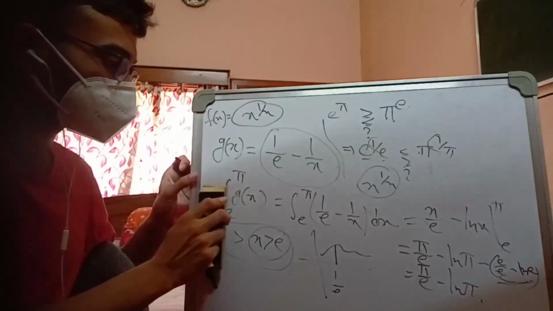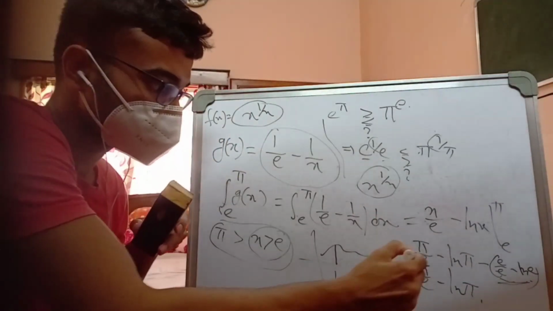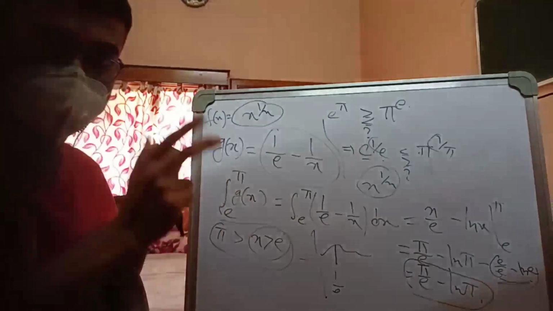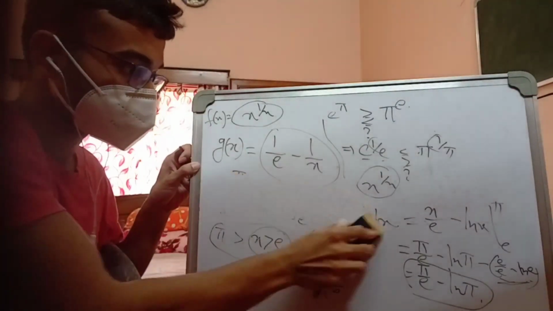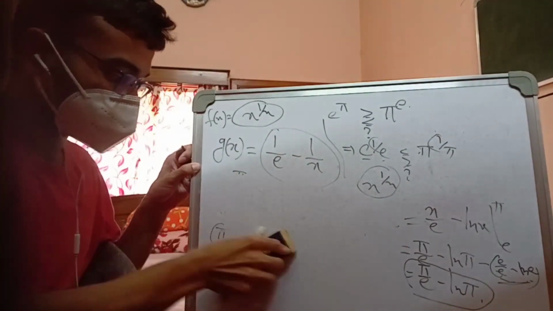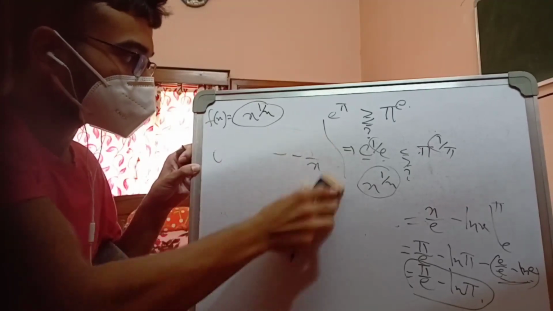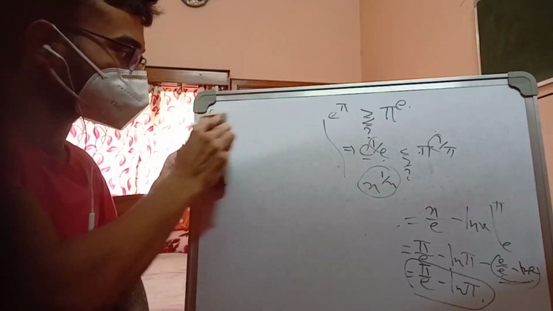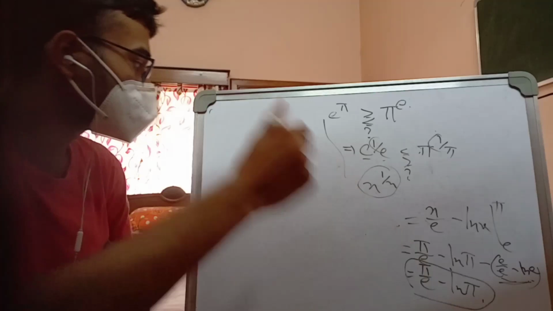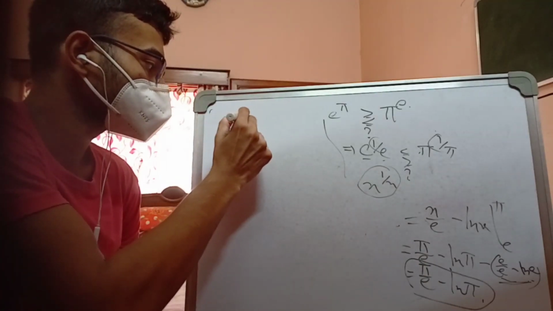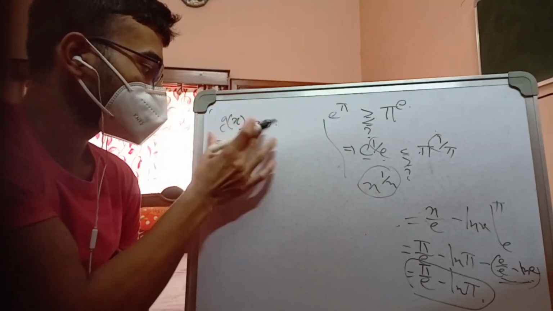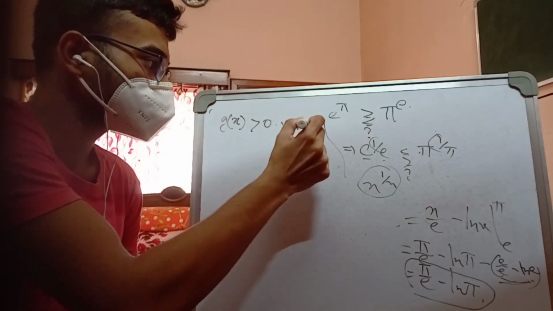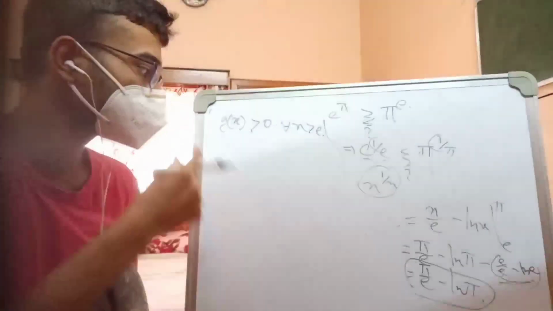So remember this result, the integration result, keep it in your mind, it is needed later. I am not erasing this. So g of x is always greater than 0 for all x greater than e.